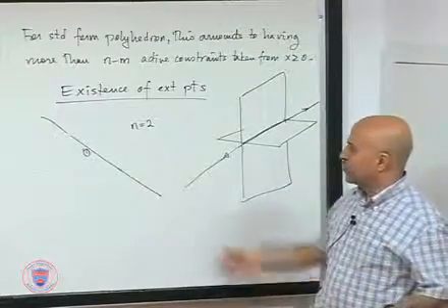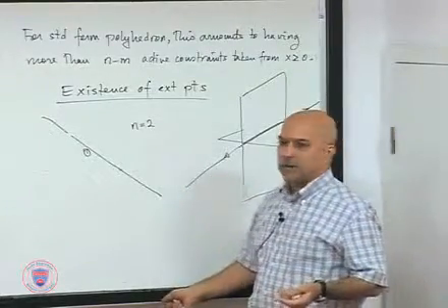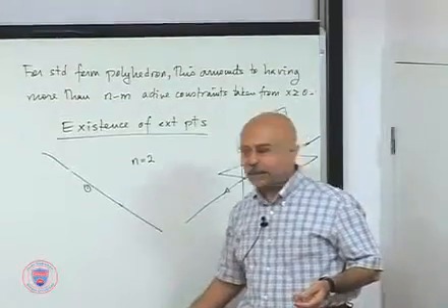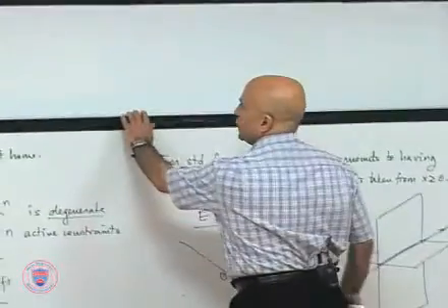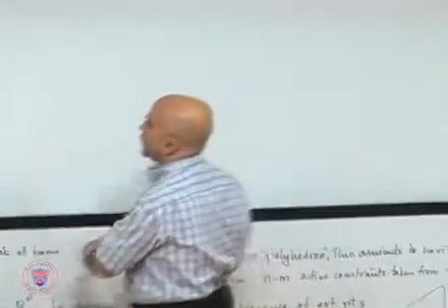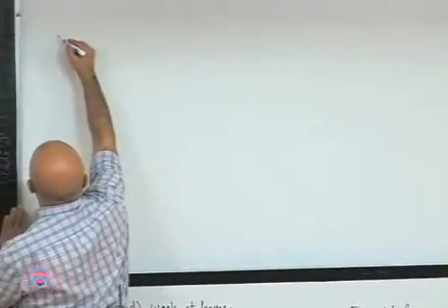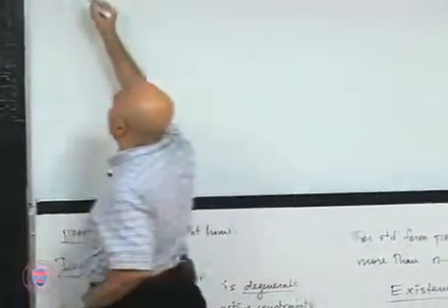All right, so how do we characterize the existence or non-existence of extreme points? This is the way we do it: by the existence or non-existence of a line.